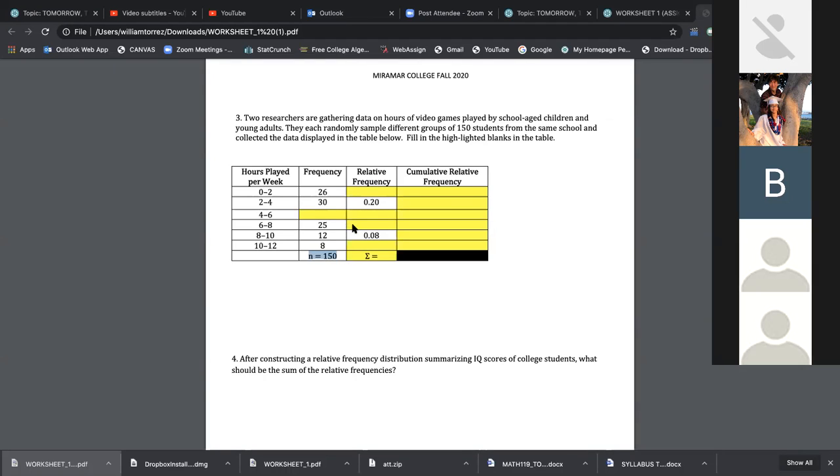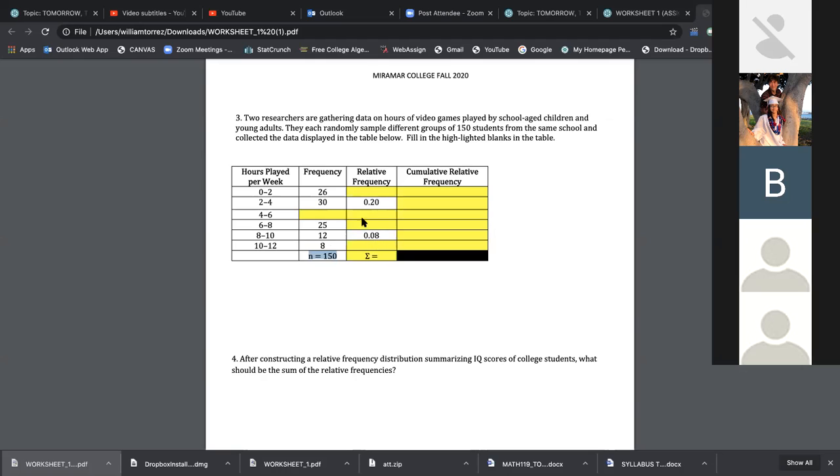Okay, so we could easily fill out this third column here by dividing the frequency by the sample size to get the relative frequency. And Vivica, one last question.